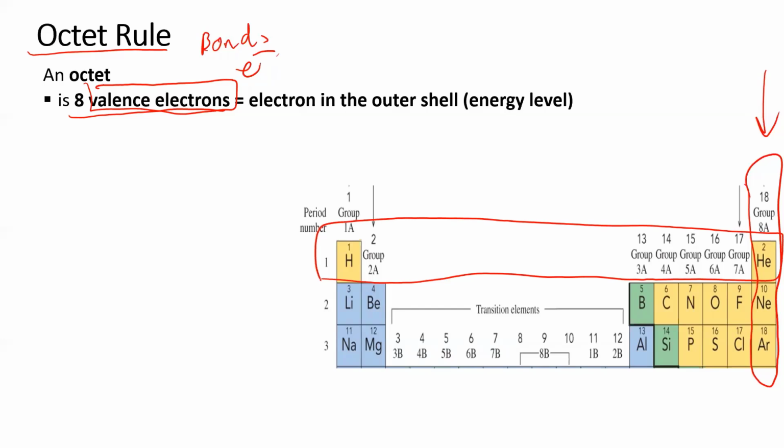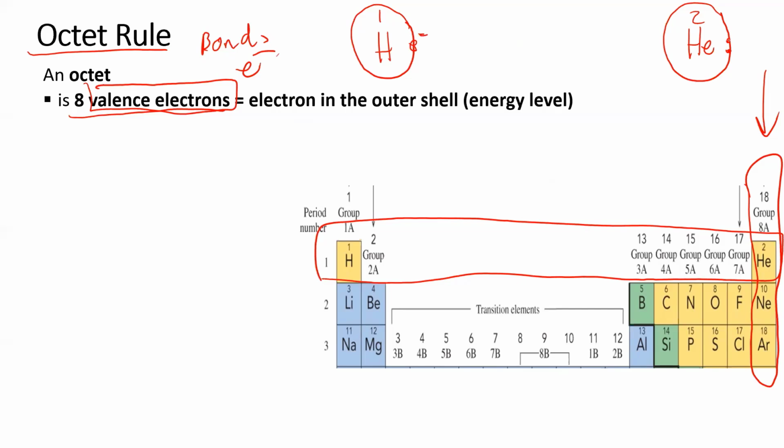Okay? So if I have hydrogen, it has 1 proton, so what does that mean? It has 1 electron. Where does that 1 electron go? It goes in that first shell. If I have helium, it has 2 protons, so what does that mean? I have 2 electrons in that first shell, that first energy level, that first orbit.